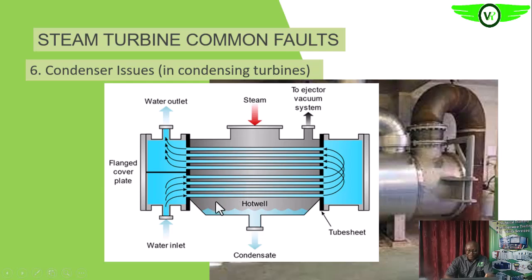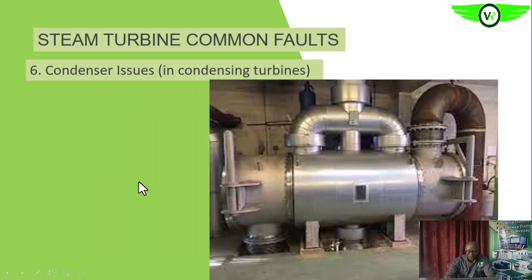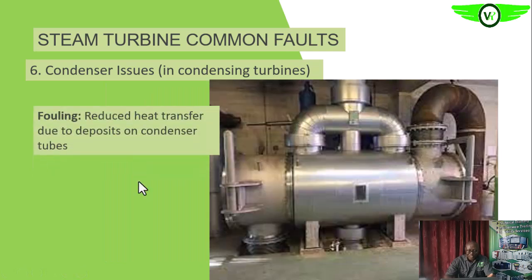So we also have the issue of fouling. So once the tubes are fouled, that will mean that the rate of exchange of heat between the steam and the cooling water will be affected, and that will affect the efficiency of the condenser. So that is the first one, fouling.